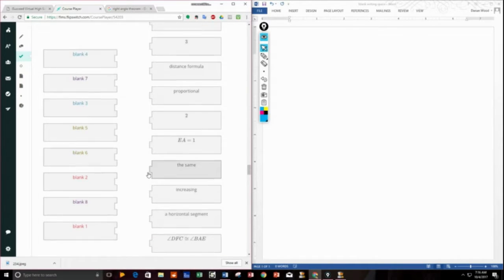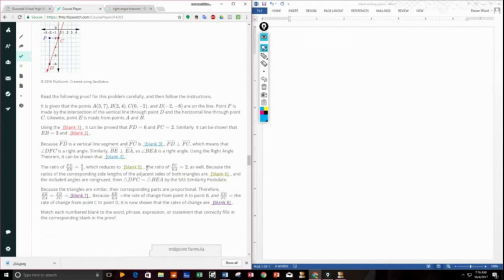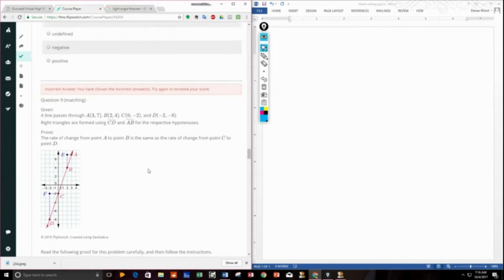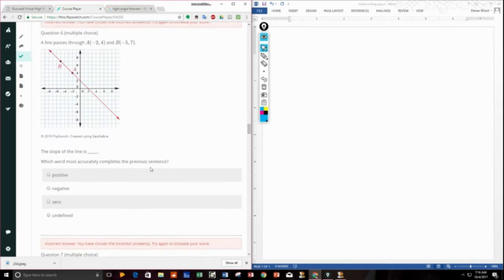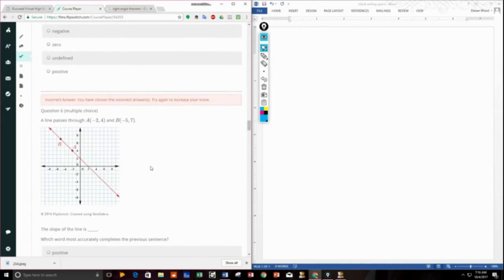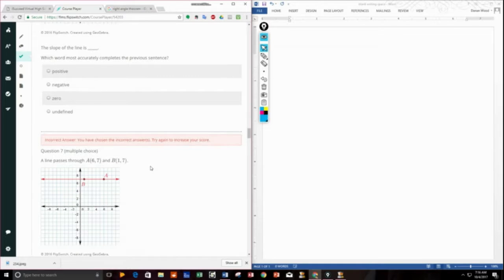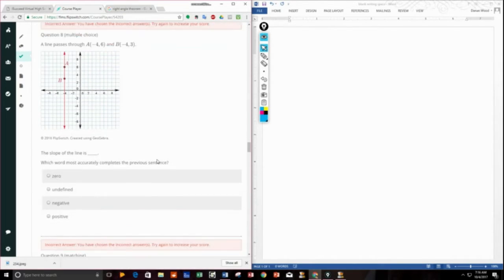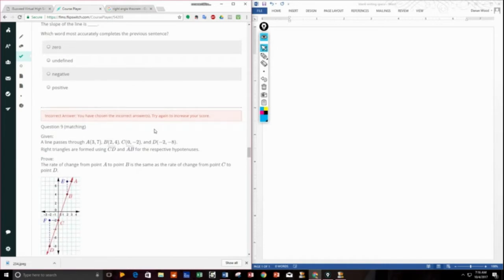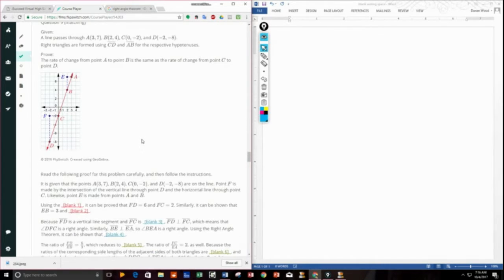All right, so 9 is another proof, and I'm just going to scan. I want to make sure that we have enough time for one of these. So we'll jump to question 9 since it is a proof, and those tend to be the hardest.